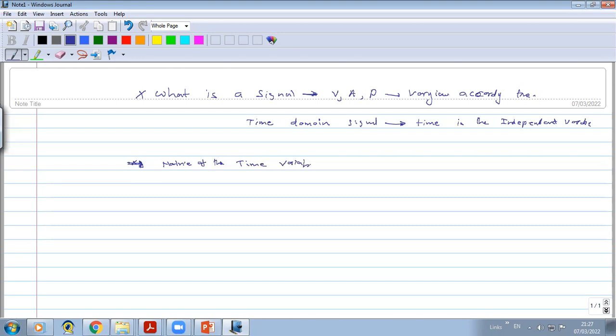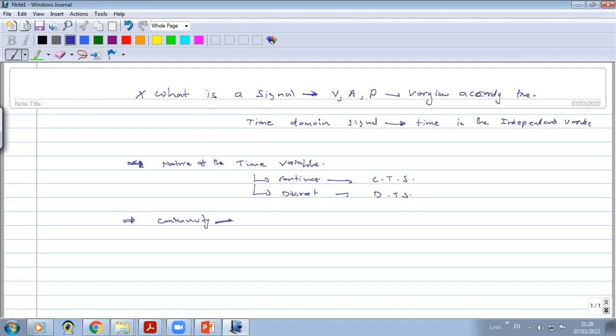If the time is continuous, we call it a continuous time signal. If the time is discrete, we call it a discrete time signal. And also we have classified a signal based on its continuity.